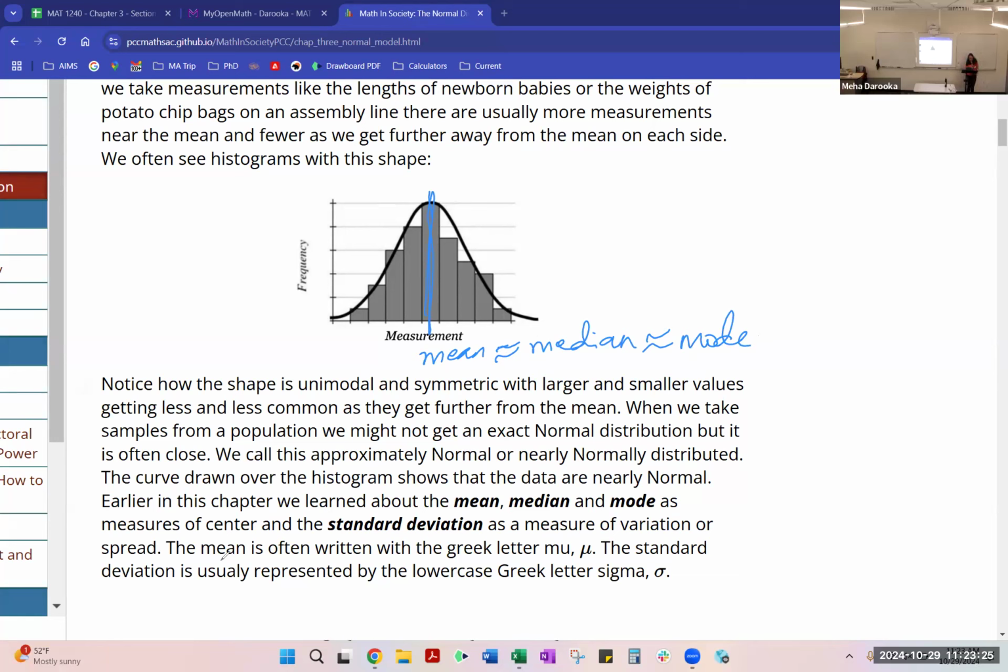And when we are talking about the mean, we often use the Greek letter mu. It kind of looks like a U with a tail at both ends, at least that's how I draw it. For the standard deviation in a normal distribution, we would usually use the lowercase Greek letter sigma. What is that, a 6 sleeping on its side?